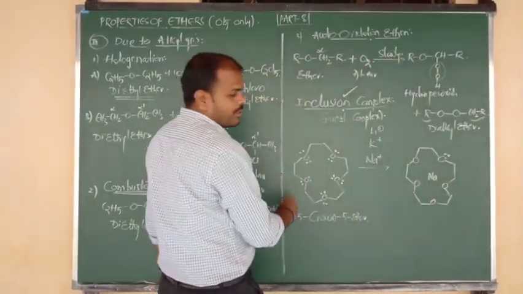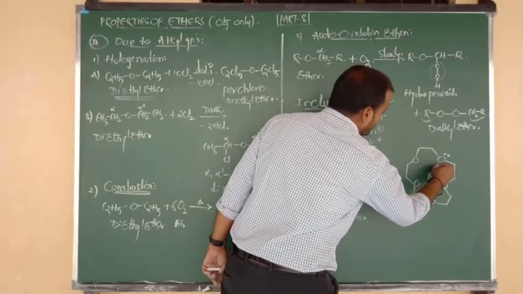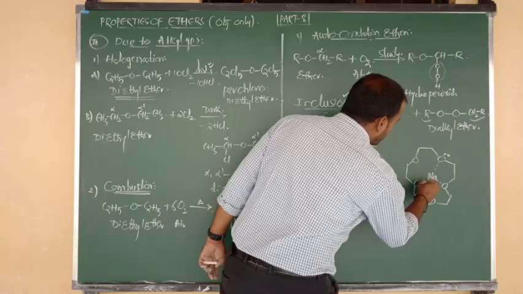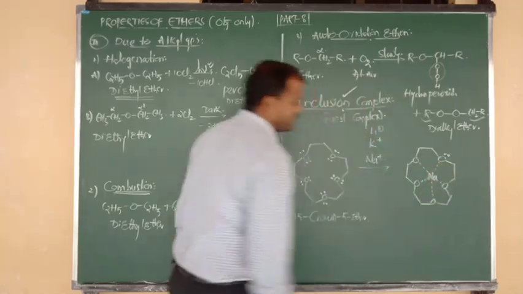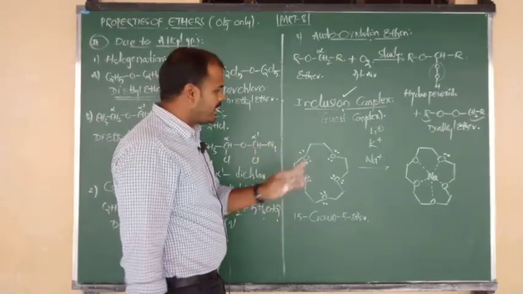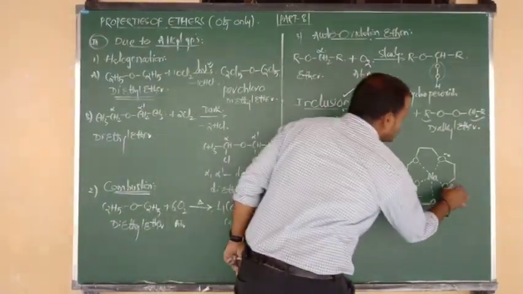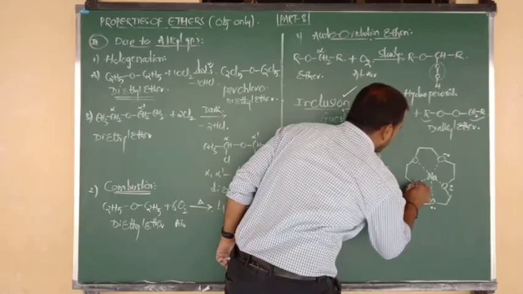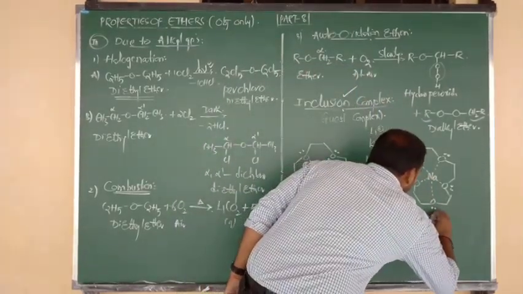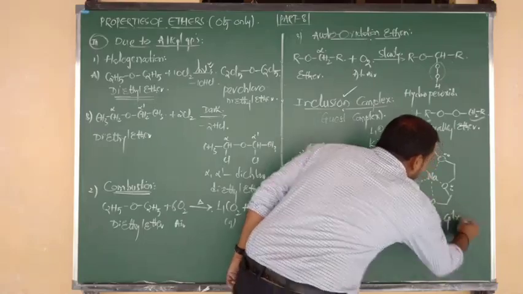Initially they have 2 lone pairs each, but one lone pair is donated to the central metal, that is the positive ion. So one lone pair they donate to the central metal, Na, beta. The remaining lone pair remains as it is. Yes, this is your guest complex, and also we can say inclusion complex.